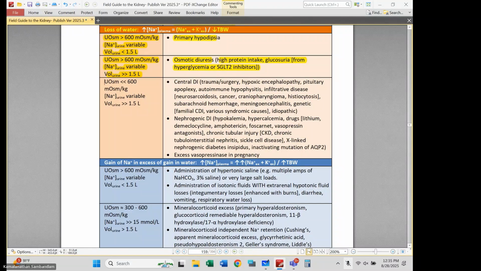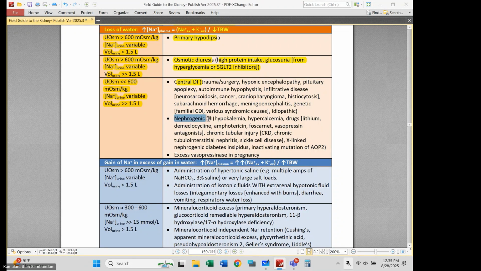Okay. Urine osmolality can be inappropriately dilute, or let's say submaximally concentrated. And urine sodium's, again, variable. It's based on the circulating volume of the patient. If the urine osmolality is relatively dilute, you would expect the urine volume to be relatively high.